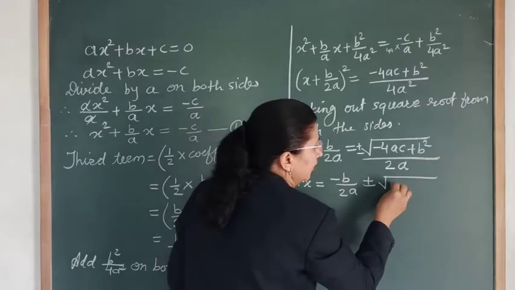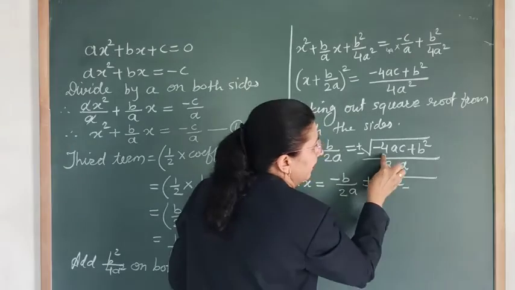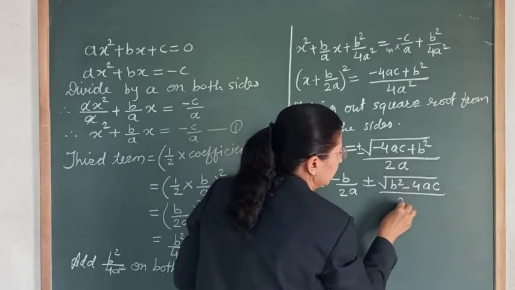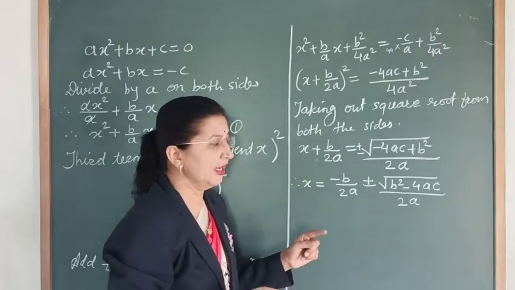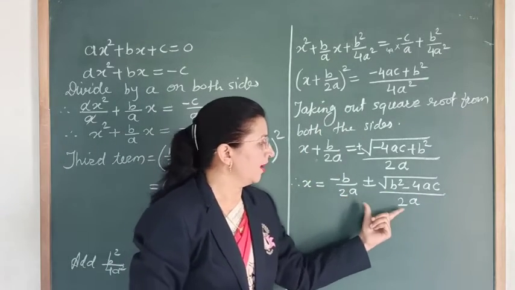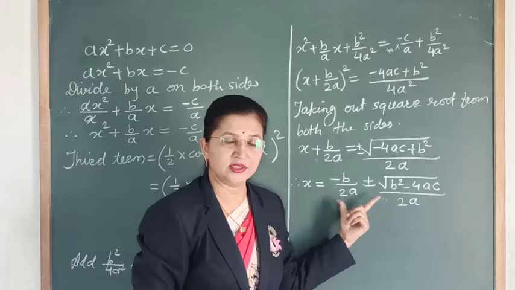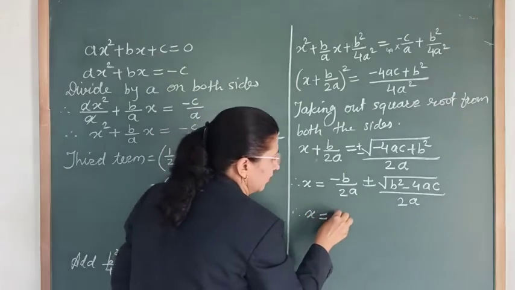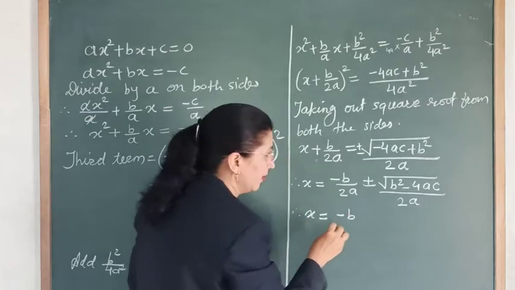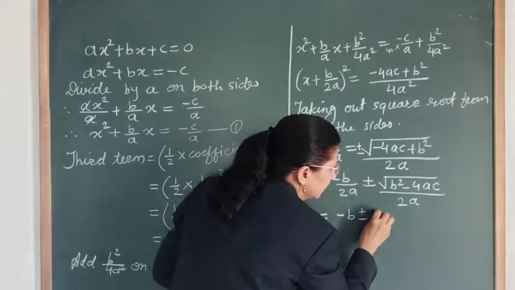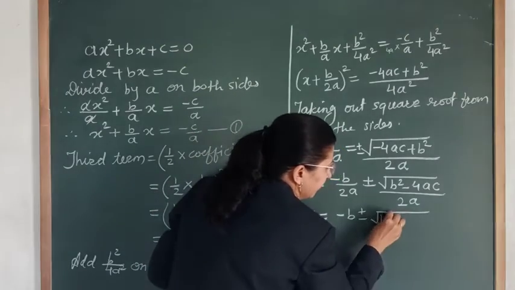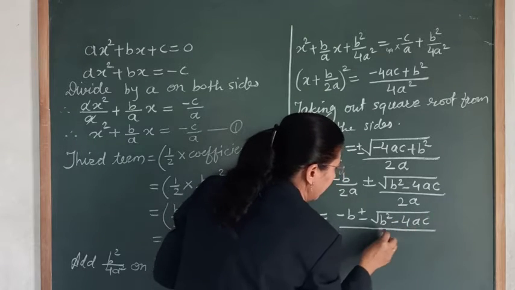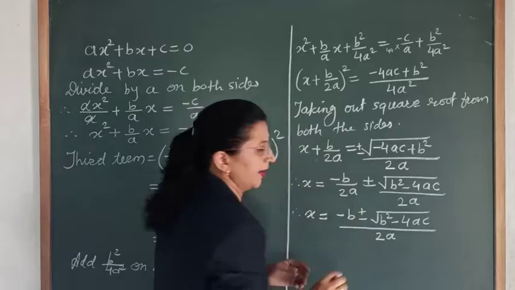So here, under root b square minus 4ac upon 2a. Okay. Now here both have the same denominator. So let's write down the common denominator. Therefore x is equal to negative b plus minus under root b square minus 4ac upon 2a.